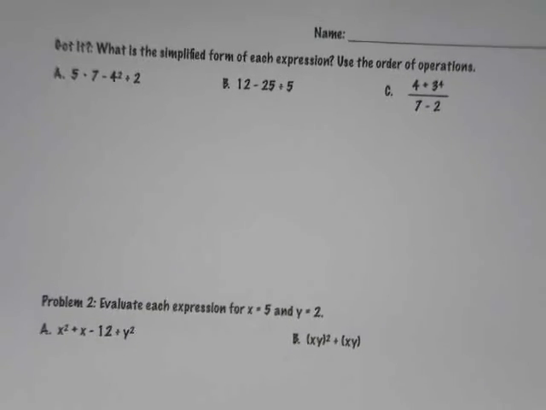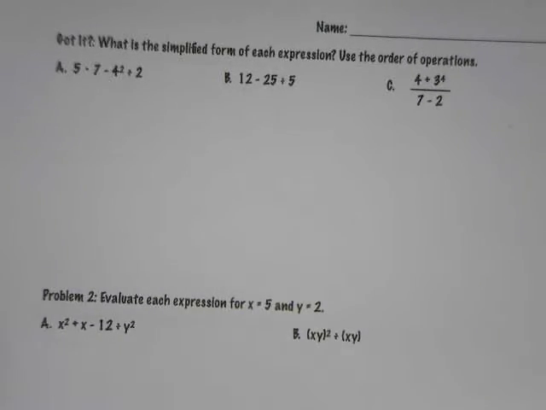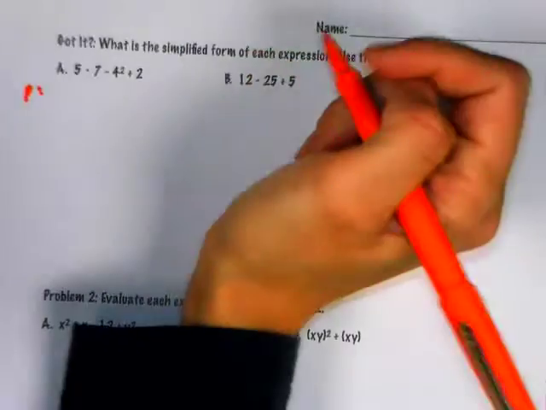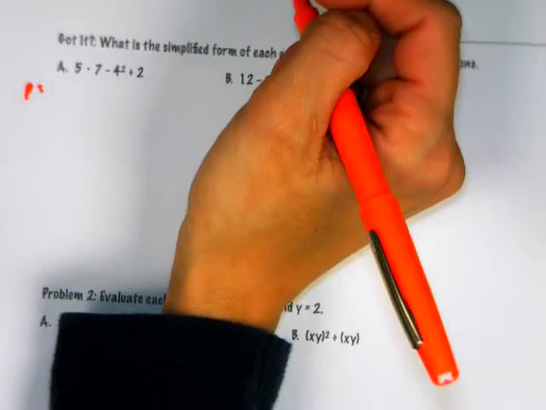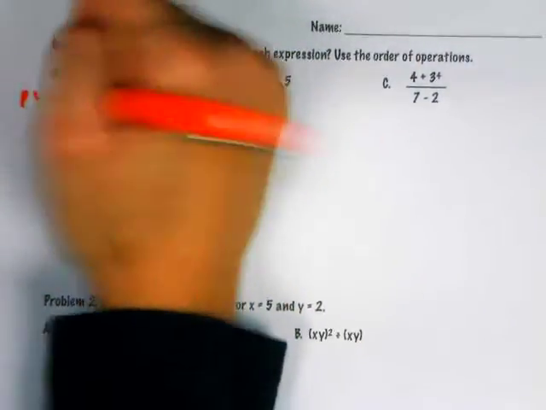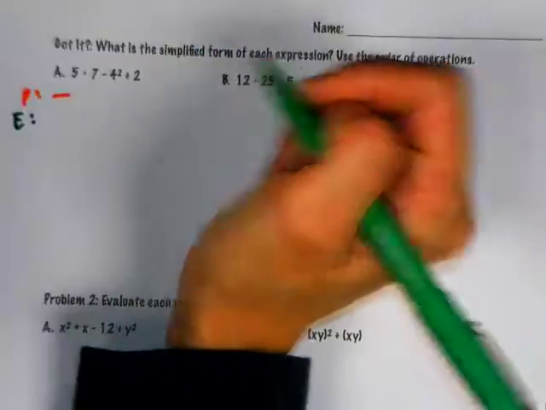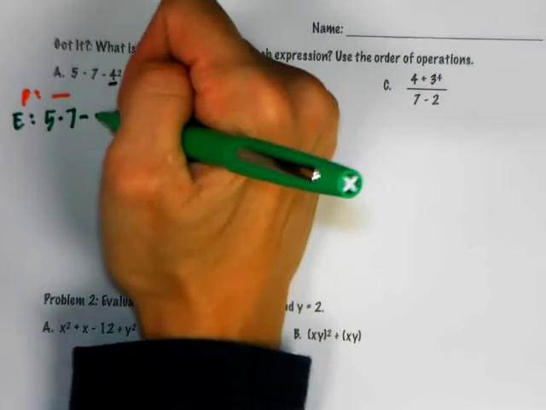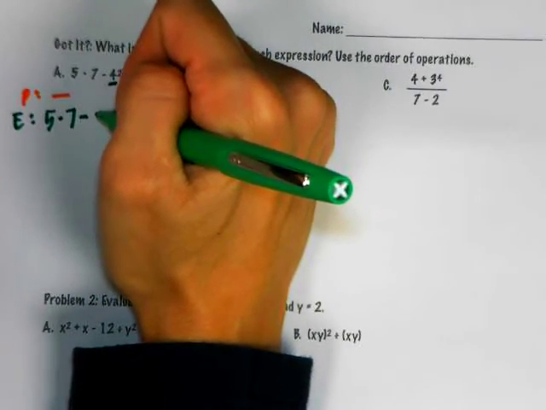All right, for A, we do our grouping. Do I have anything with parentheses or grouping on A? No. All right, and then next would be exponents. Do I have exponents? Yes, I have that right there. So it'd be 5 times 7 minus, what's 4 squared? Yep, 16.